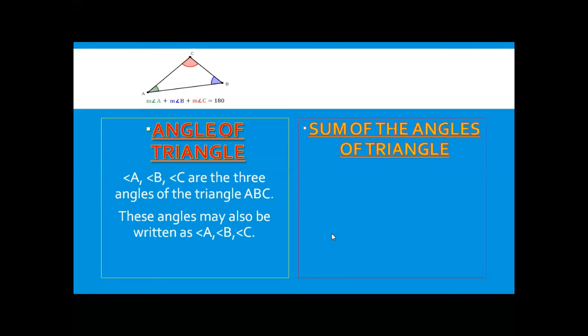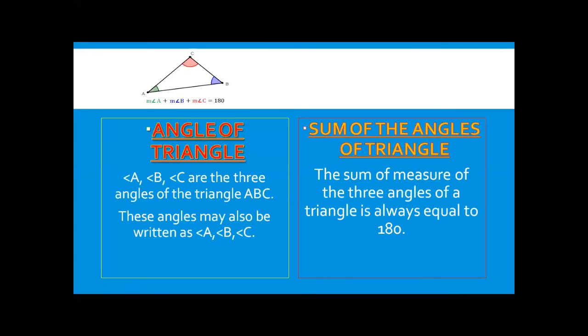Now, the sum of angles of a triangle. It means that if we sum all the angles, what is the sum of the angles of a triangle? The sum of the measures of the three angles of a triangle is always equal to 180. It means when we add the three angles all together, it is always equal to 180.